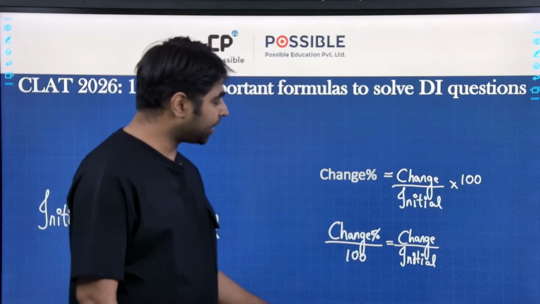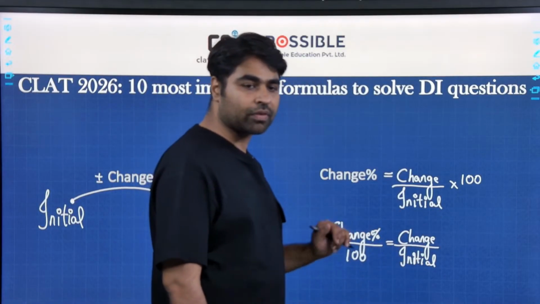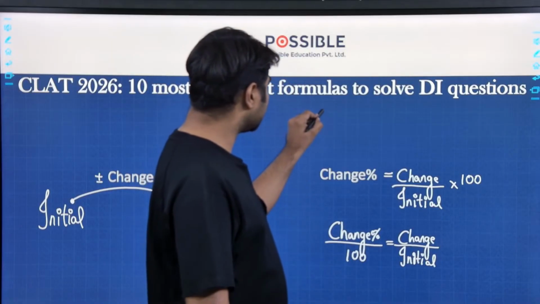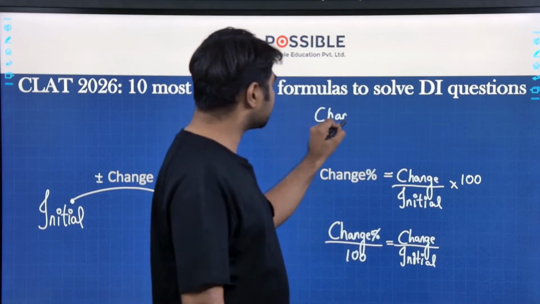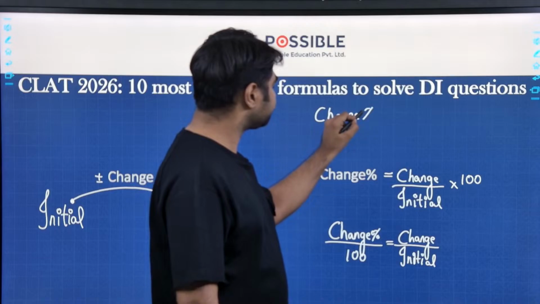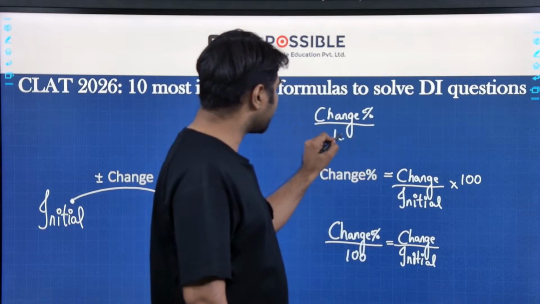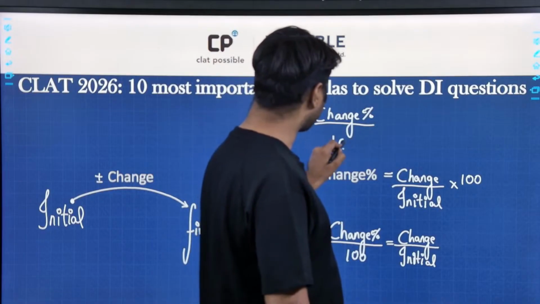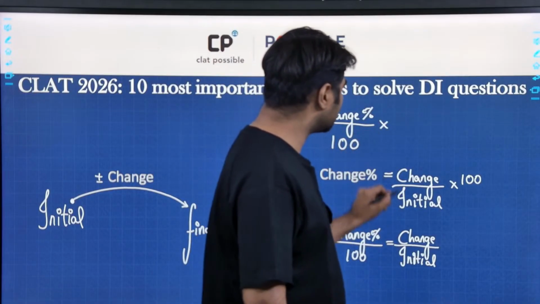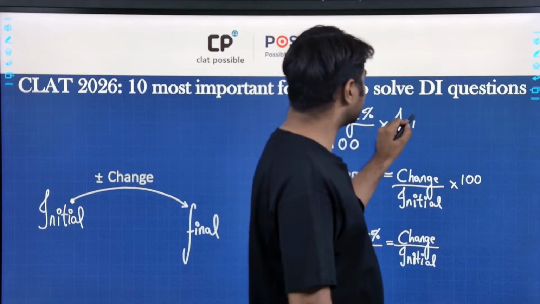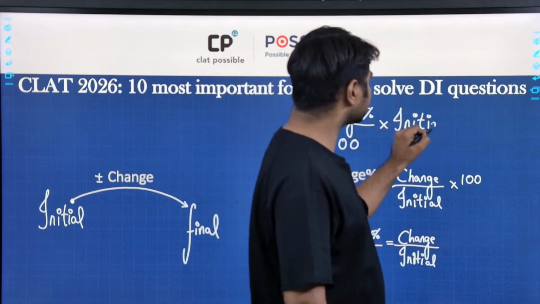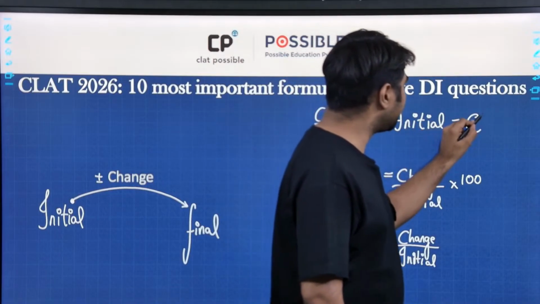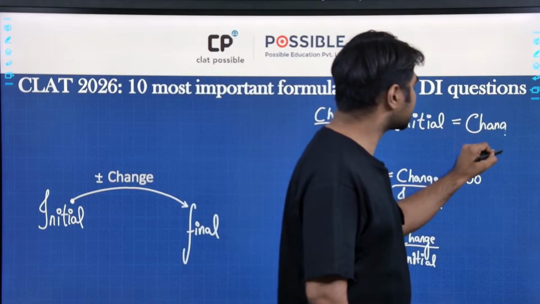At the same time, if I want to take the initial this side, what will happen then? Then change percentage upon 100, into the initial this side, will be equal to the change.